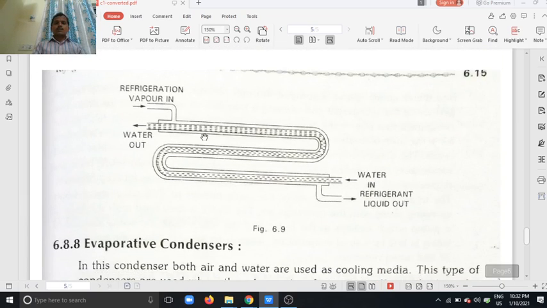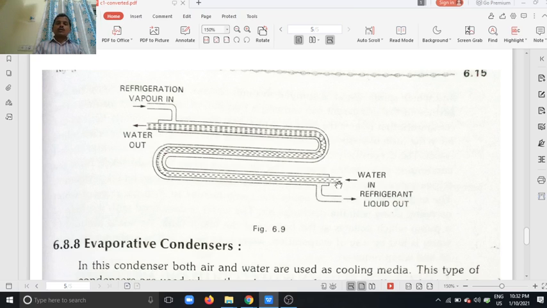See here, this is one tube, and inside the tube there is one more tube. That is called a tube in tube or double tube. The water enters the inner tube and moves in the upward direction. The refrigerant enters the outer tube, circulates around the outer surface of the inner tube and moves downward.